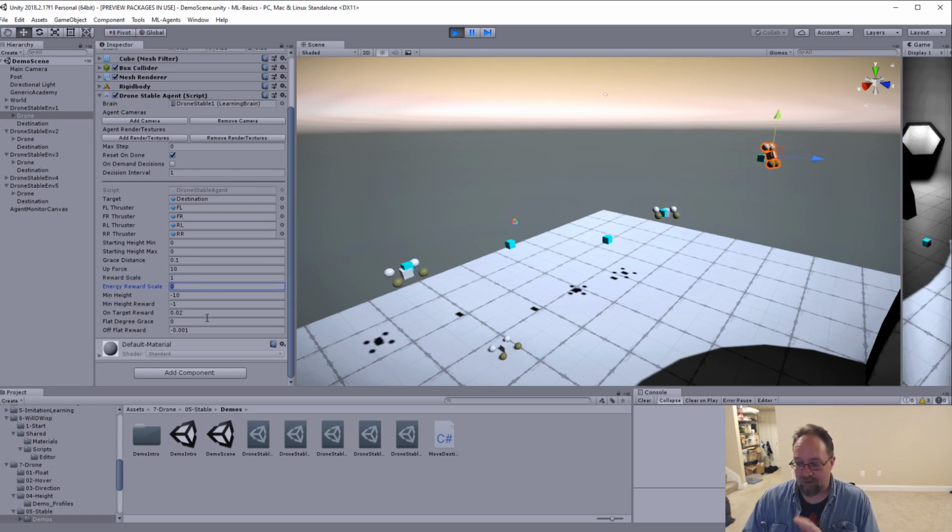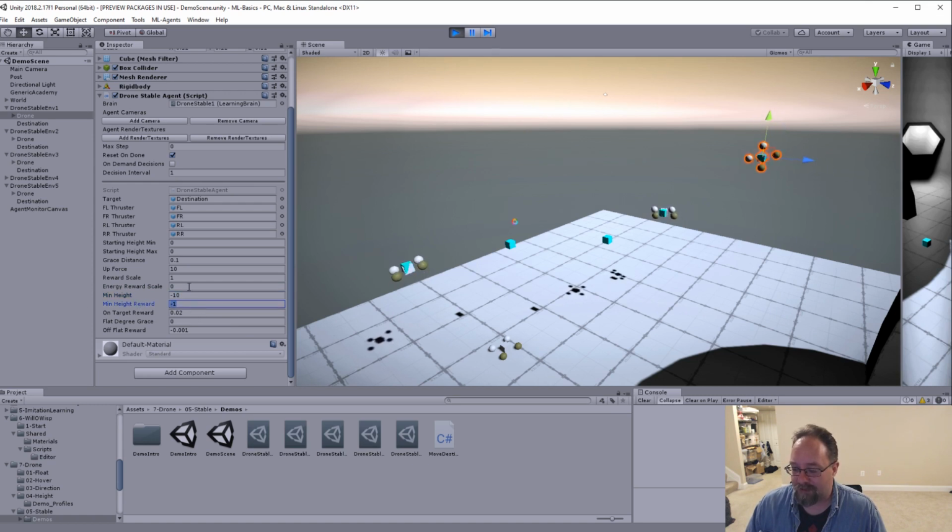The energy reward scale is how much value is given to them or removed as part of the reward based on their energy usage. That's one of the parameters we'll talk about in a little bit. Minimum height is to help try to keep them from crashing.